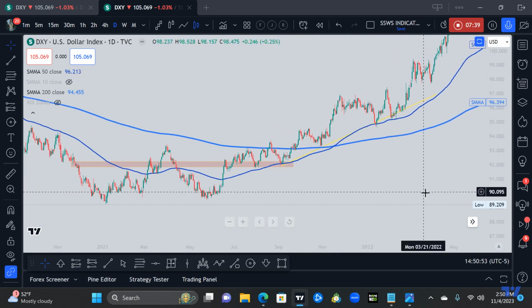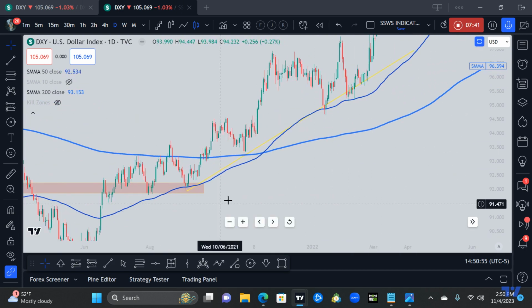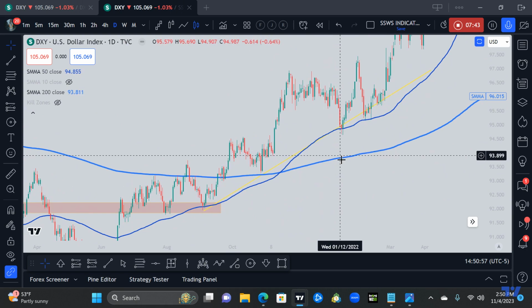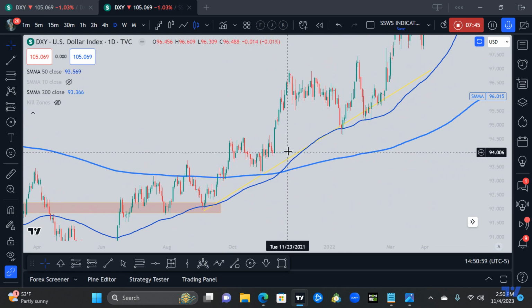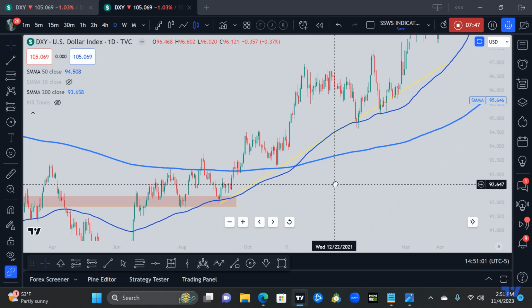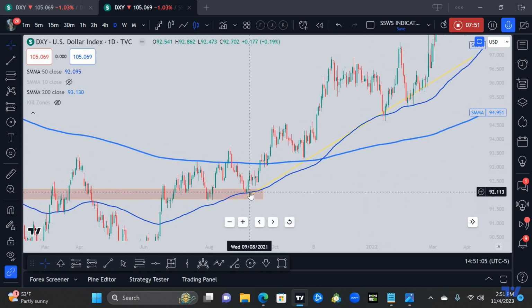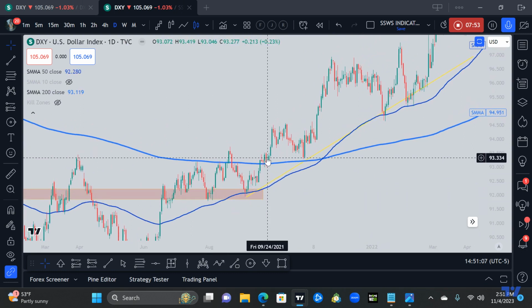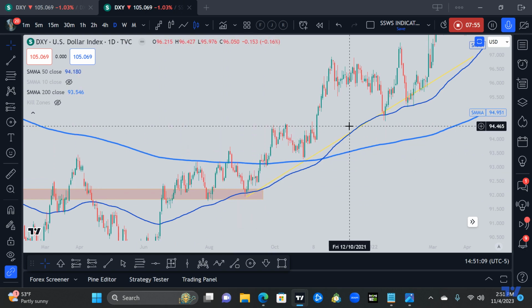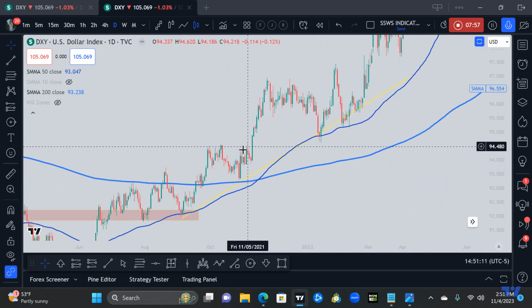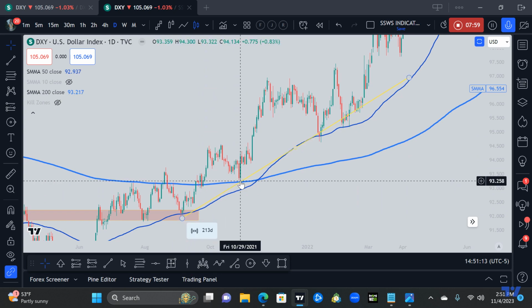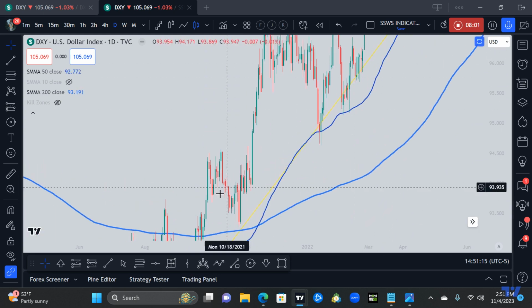So an example of entries that you could have if you're trading above the 200 SMA, which is this blue line, not the dark blue and the light blue, you can say this could have been an entry at the rejection of this support zone going back up into and closing above the 200 SMA. And you could have been placing buys at the rejection of this 200 SMA.